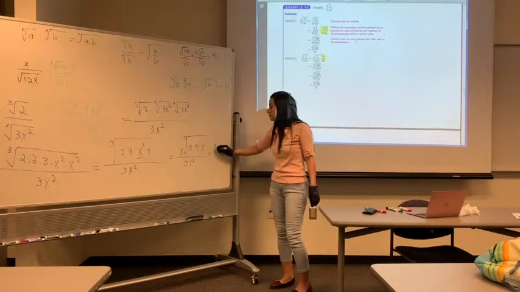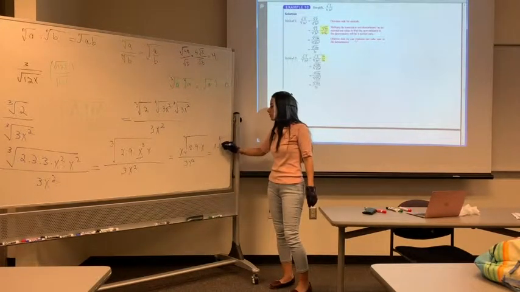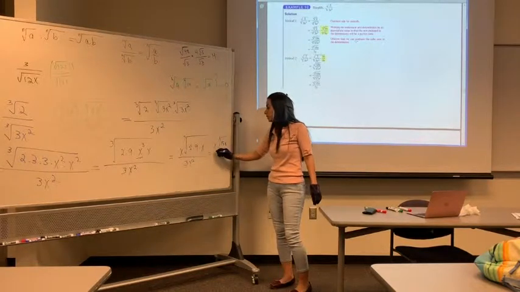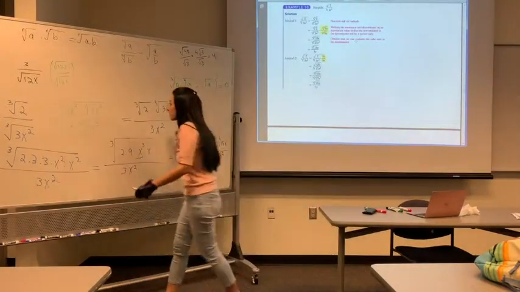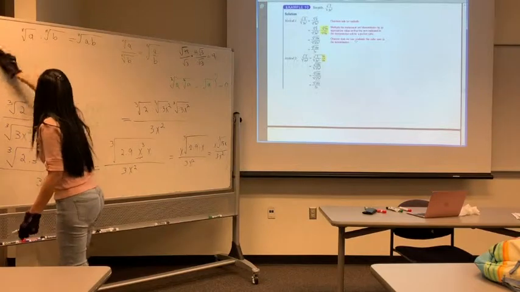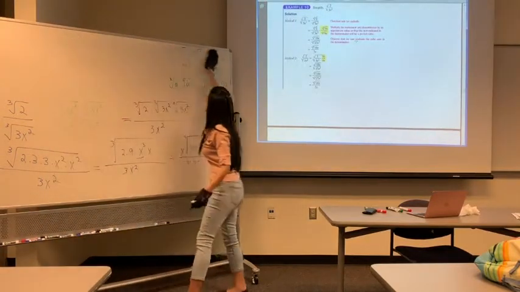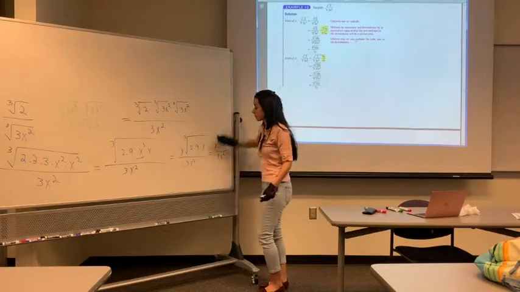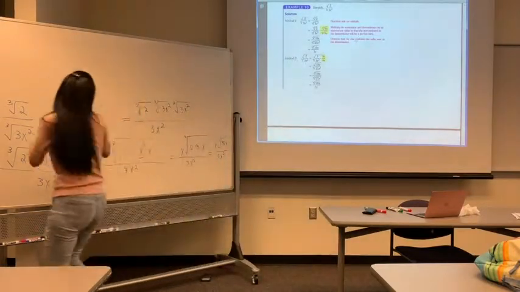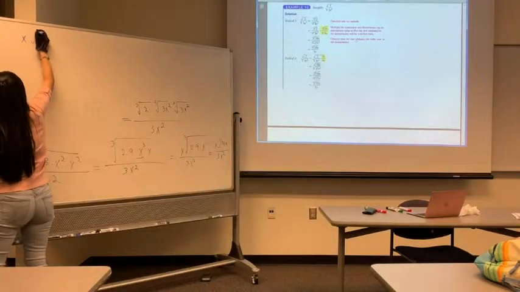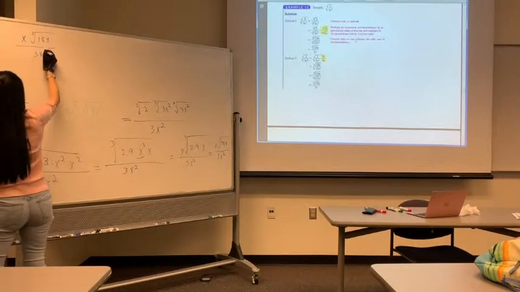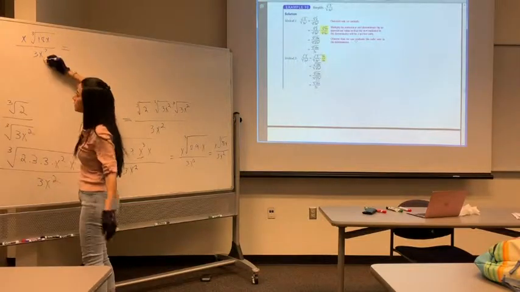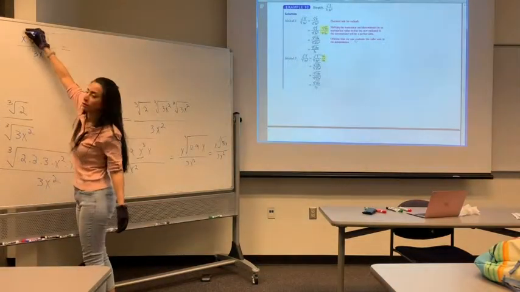So I have x radical 18x divided by 3x squared. X radical. So I can cancel one of these x's with this one, right?